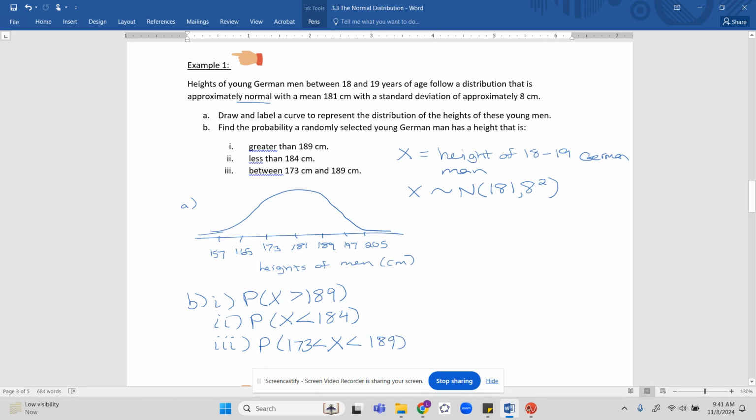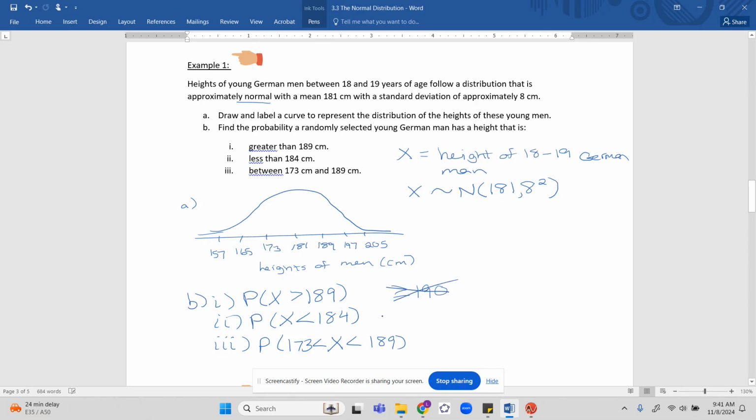All right. So the first thing that's important here is that I think the only tricky part about this lesson is that in the last lesson, binomial distributions were discrete. So if it was greater than 189, then that meant greater than or equal to 190.